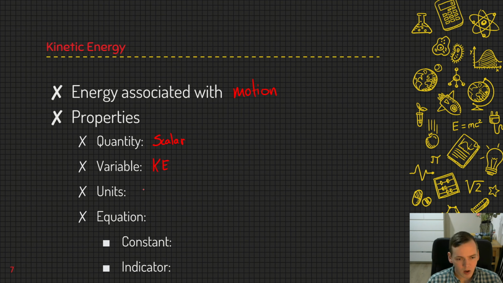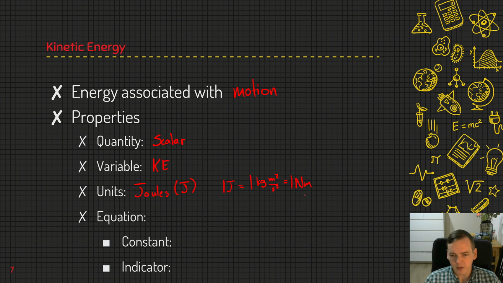The units are like all energy, joules, which will be written with a capital J, and 1 joule is equal to 1 kilogram meter squared per second squared, which is also equal to 1 Newton meter. So all three of these are equivalent. But when we're talking about energy, we're typically talking about joules.